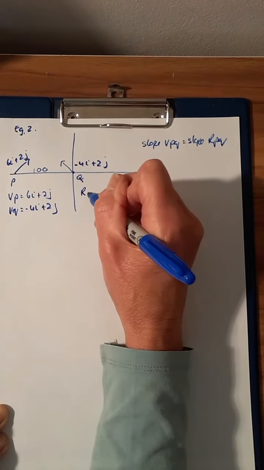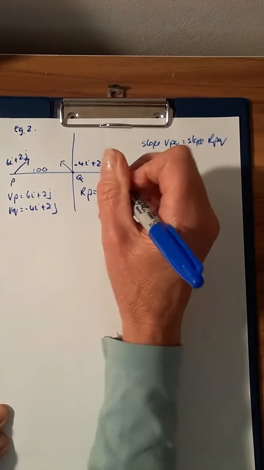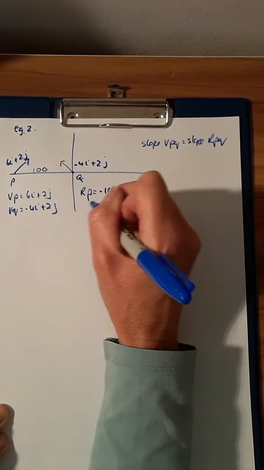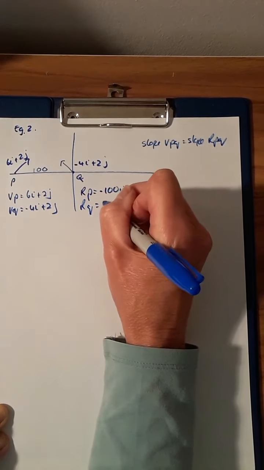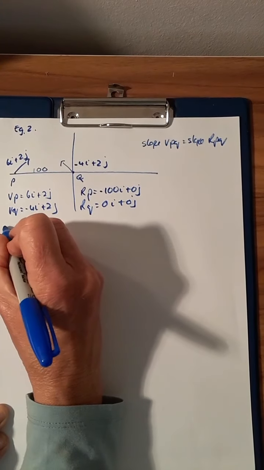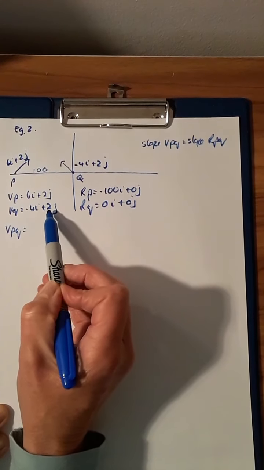What's the position of P? The position of P is 100 west, so in terms of i and j, that's minus 100i plus 0j. And what's the position of Q? It is at the origin. Okay, so I shall get the VPQ, which will be VP minus VQ.